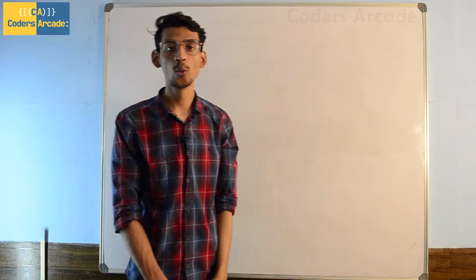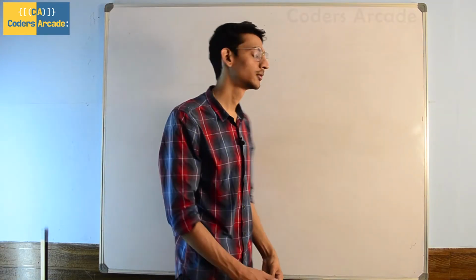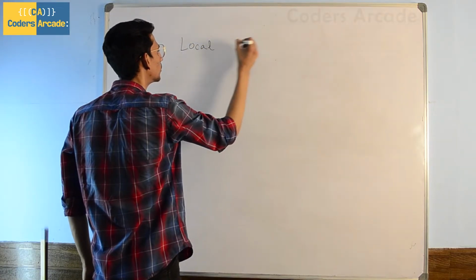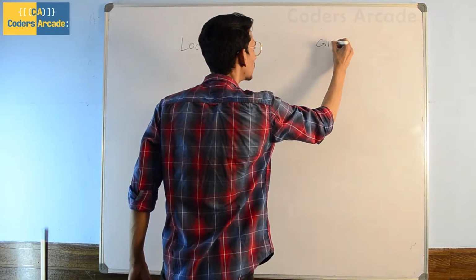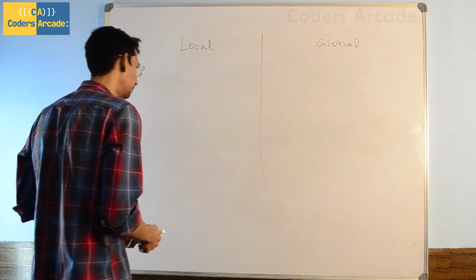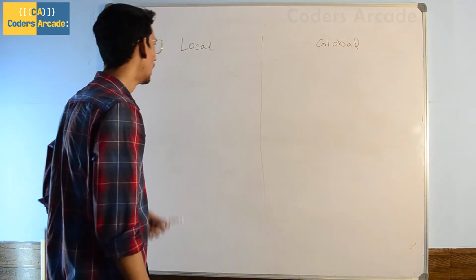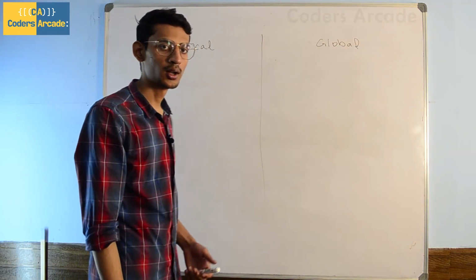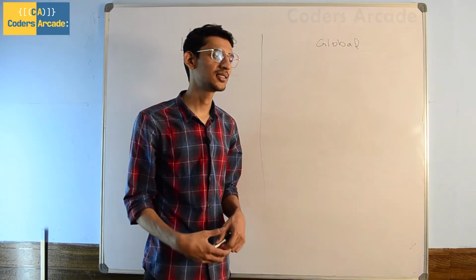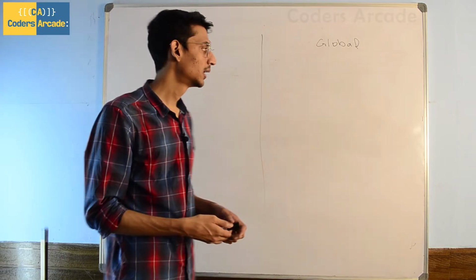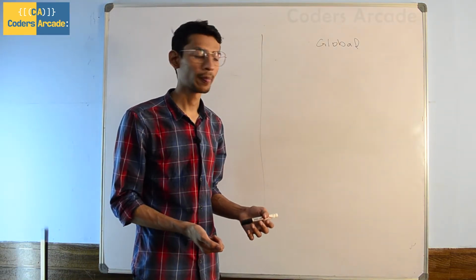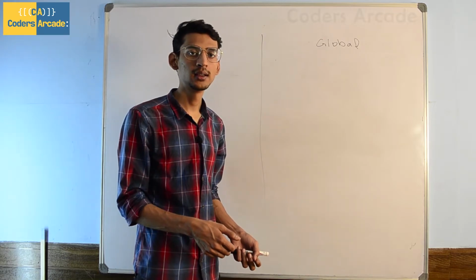Now let us see what are global structures and what are local structures. As the name suggests, a local structure is a structure which is defined inside a function or a method, so it cannot be accessed outside that function. And a global structure is a structure which is defined outside a function so that it can be accessed globally, anywhere.